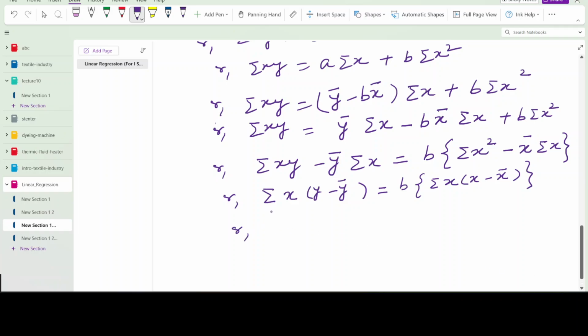Just we have rearranged the things, or b is equal to sigma x (y minus y bar) divided by sigma x (x minus x bar).